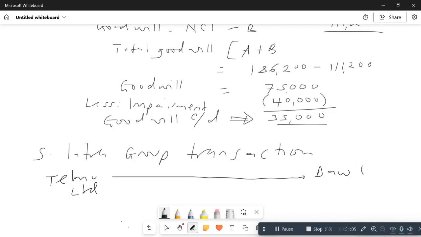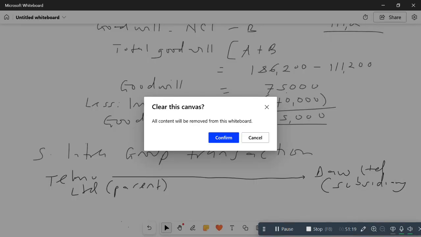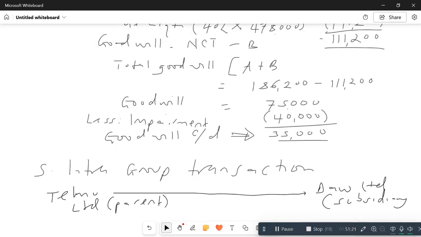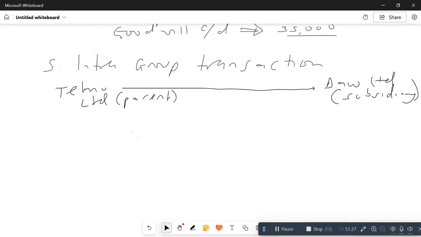In other words, the parent is selling goods to the subsidiary. Now, where you see such a scenario where a parent is selling goods to a subsidiary, or a subsidiary is selling goods to the parent, that qualifies to be an intragroup transaction.